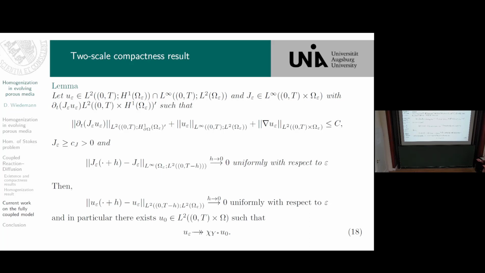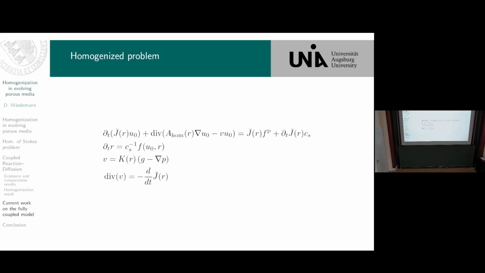We get directly the strong convergence of u epsilon and do not have to derive this estimate by taking a look at the equations itself. So now it's somehow easier because we only have to derive the a priori estimates here. Okay, and with this we can also pass now to the homogenization limit for this advection-reaction-diffusion problem.